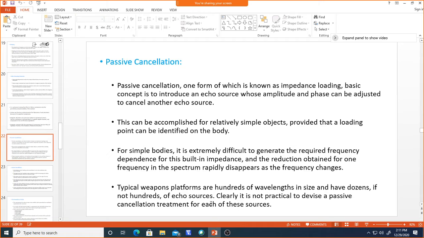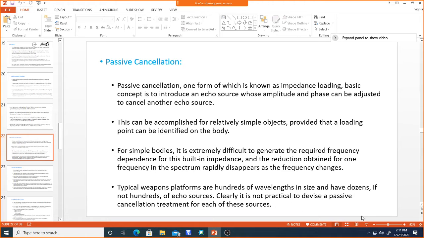We need to take care of this in passive cancellation and read the phase and amplitude of all these echo sources to properly cancel those reflections and reduce the radar cross section. That is very important with multiple things on a single platform, as in this typical weapon platform example.